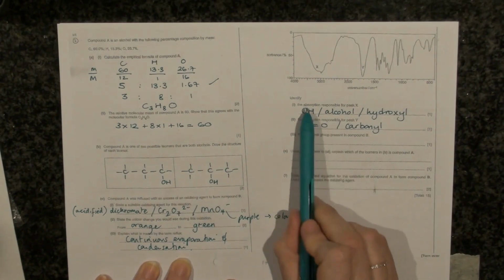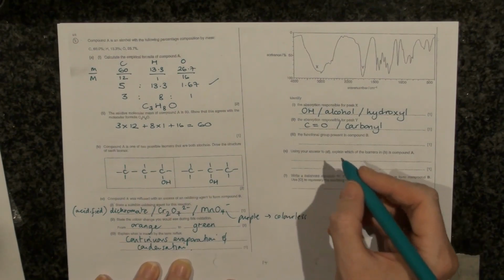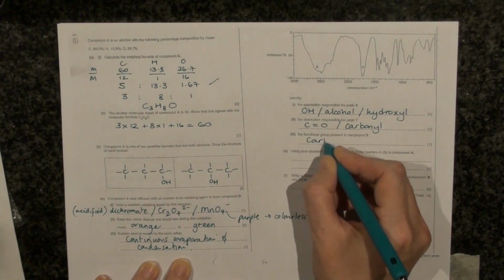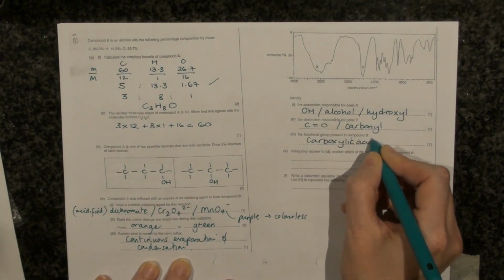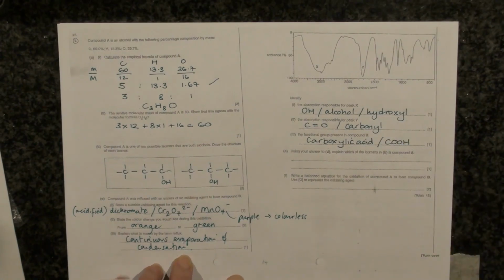And because piecing these two pieces of information together, along with the fact that they did say it was reflux with an excess of oxidizing agent, you can then say that that is a carboxylic acid, or you could use the functional group COOH. Either of those will pick you up that mark.